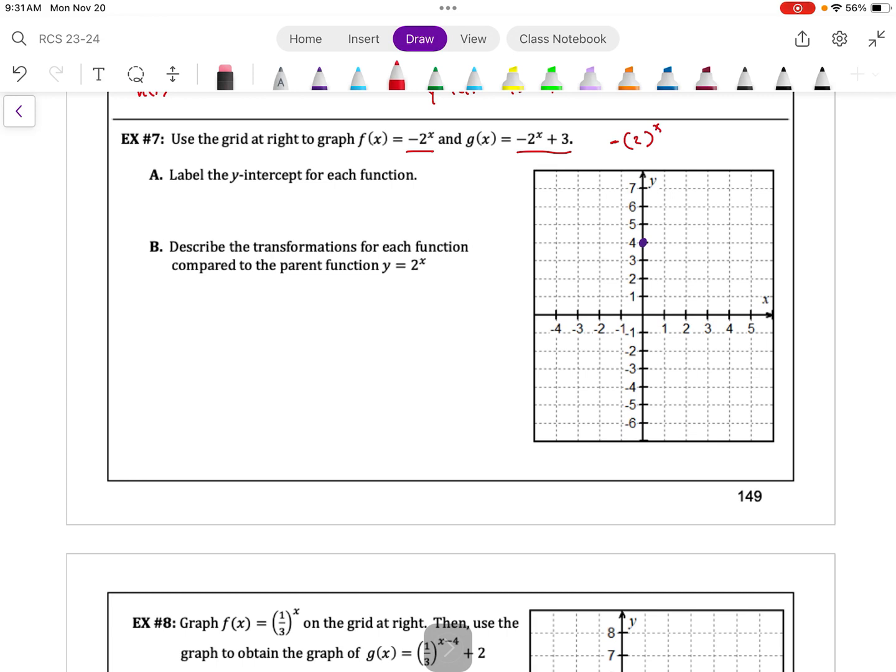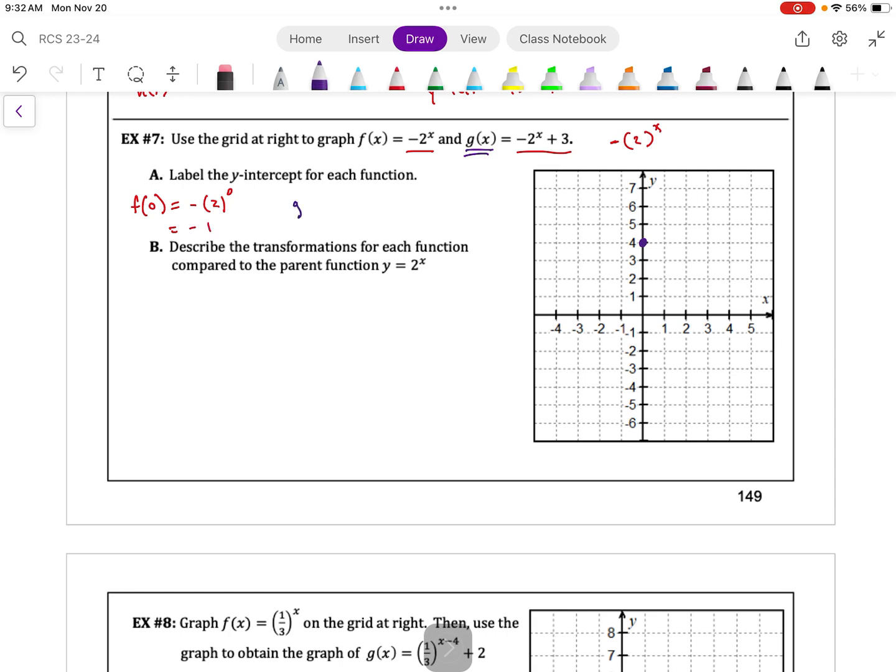For the first part, we're supposed to find the y-intercept for each function. I'll do g of x in purple, and f of x in red. For f of 0, we would get negative 2 to the 0, which comes out to be negative 1.